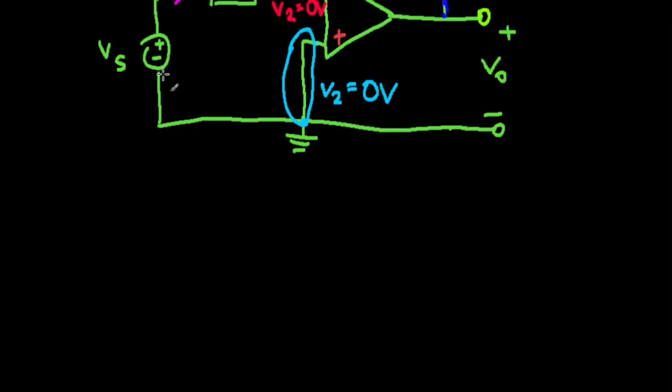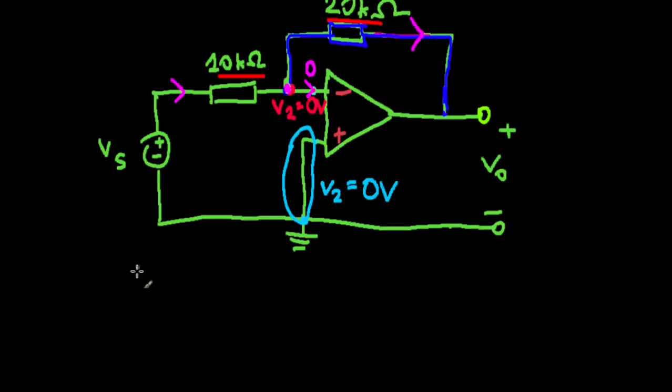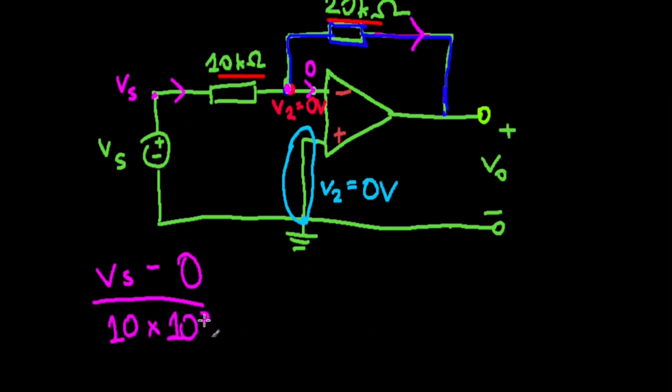The value of this node is Vs. This Vs minus the potential of this node, which we found is zero, divided by 10 kilo ohms, 10 times 10 to the 3, is equal to the current exiting.